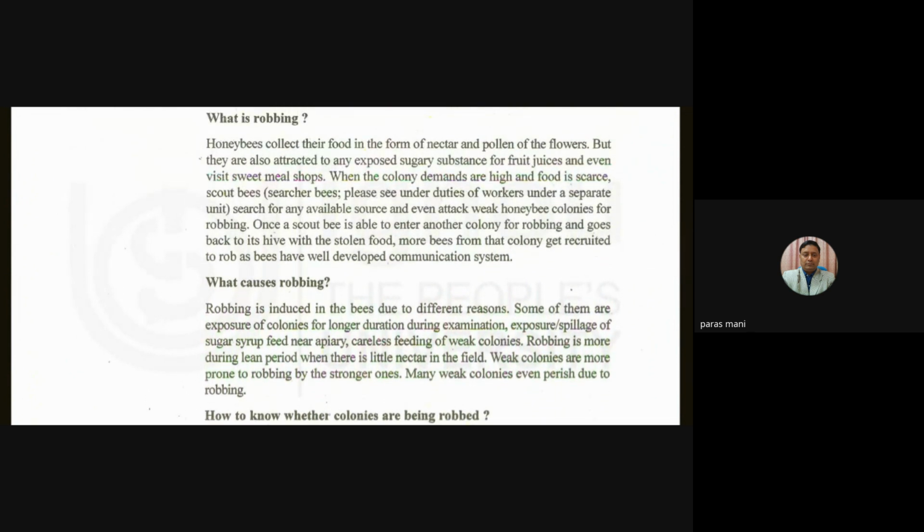I think we have discussed in the first or second class about bee foraging. When a few elder worker bees, that is after 20 days, go for foraging, they come back and recruit the remaining worker bees.